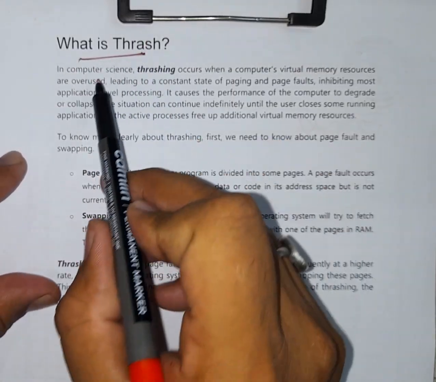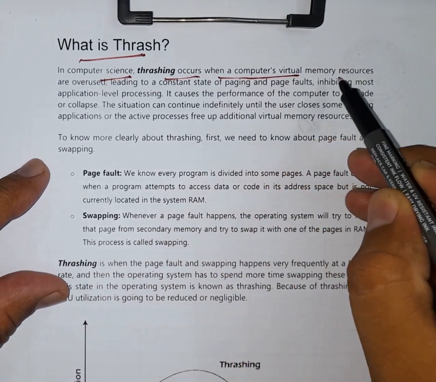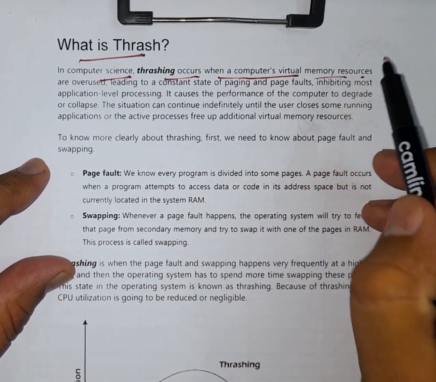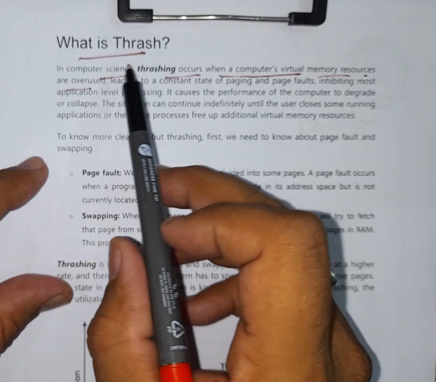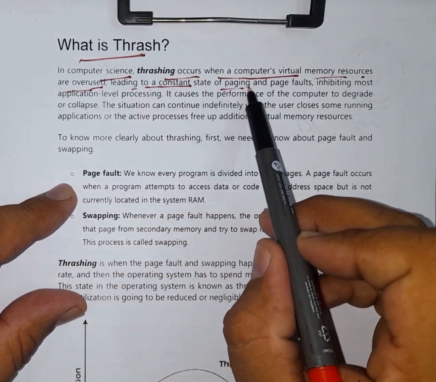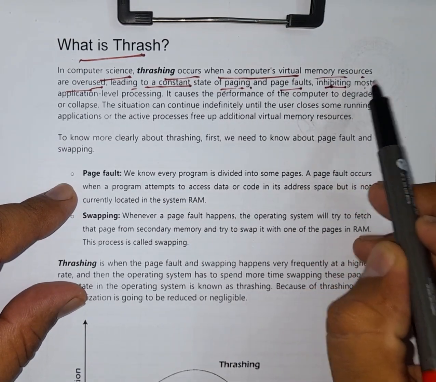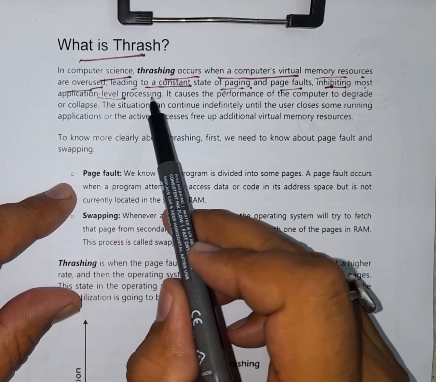Thrashing: in computer science, thrashing occurs when the computer's virtual memory resources are overused, leading to a constant state of paging and page faults, inhibiting most application-level processing.